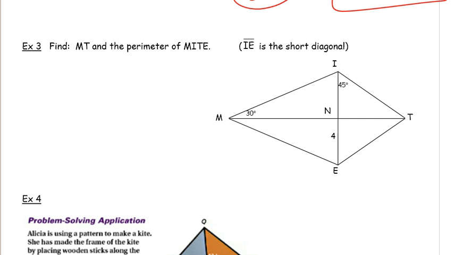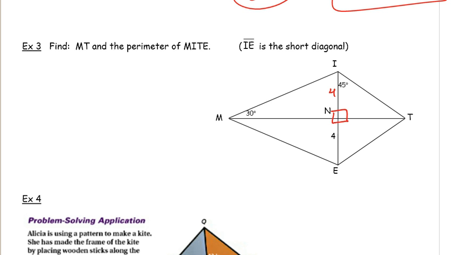So we want to find MT, so we want to find this entire diagonal across here, and then the perimeter of MITE or might. Okay? Well, we know that this is 4, so this has to be 4. We also know now that we have a couple of things going on. First of all, we have a 30-60-90.